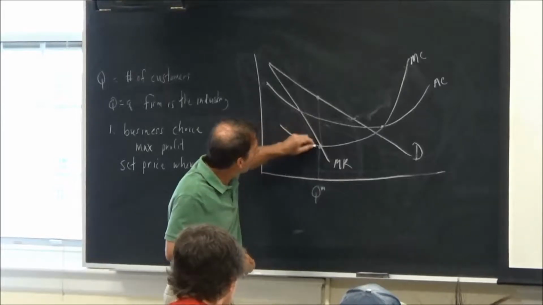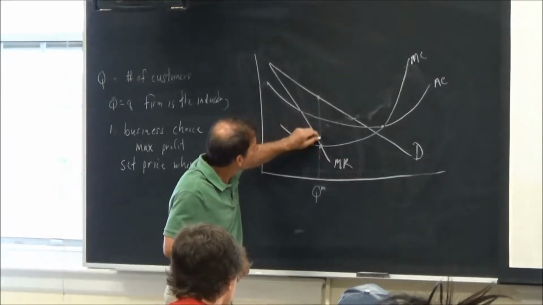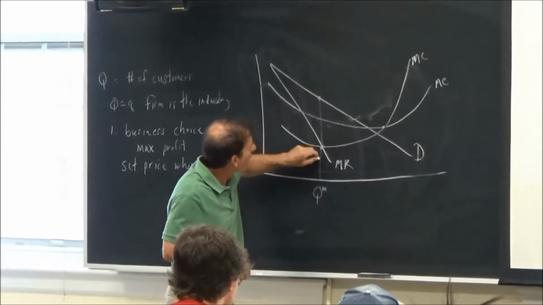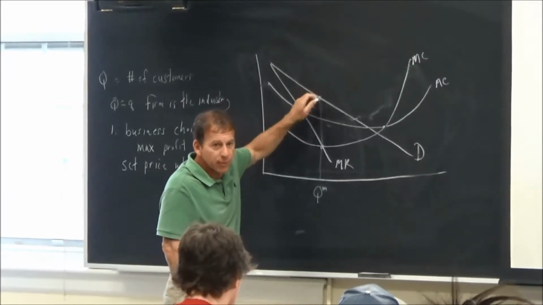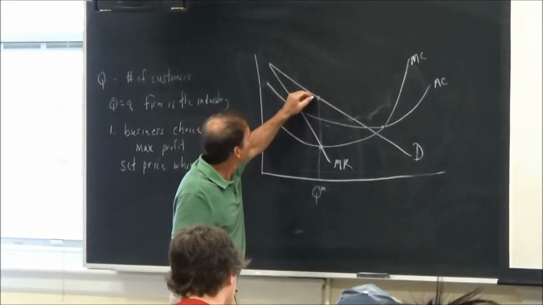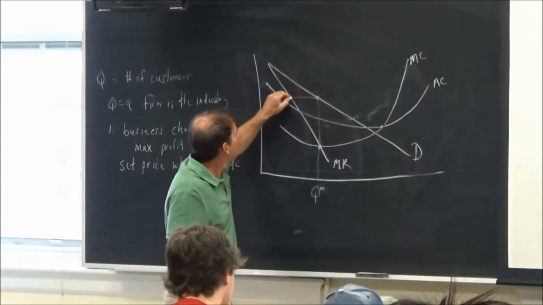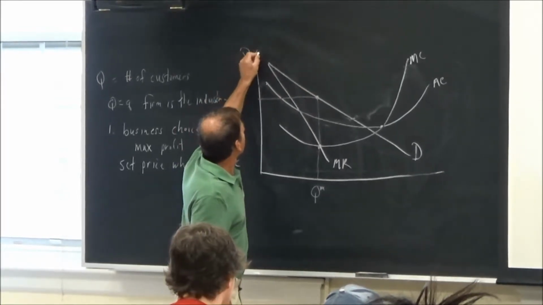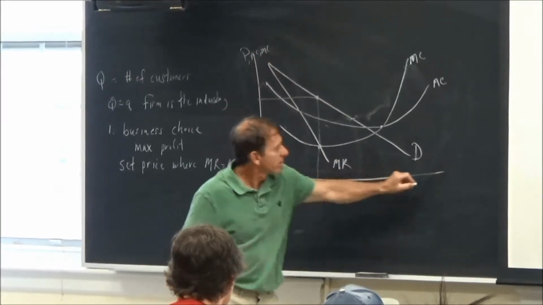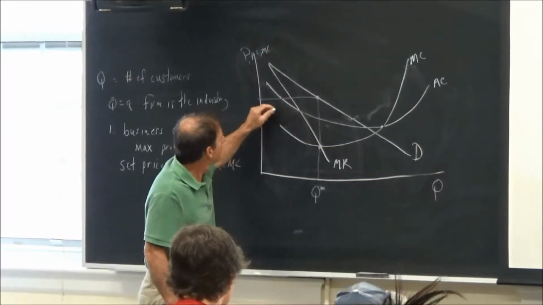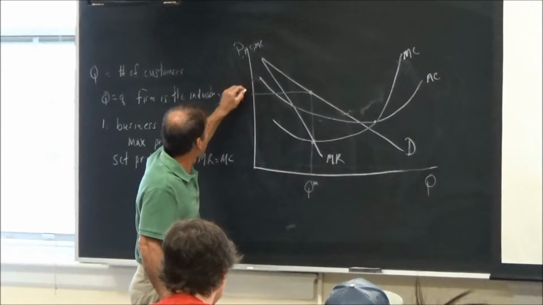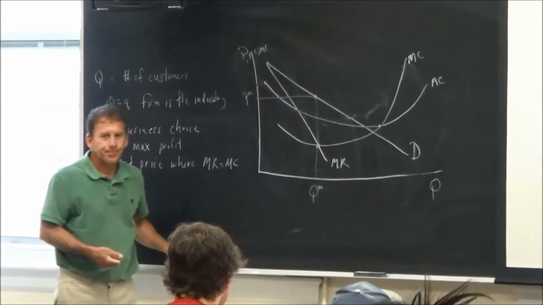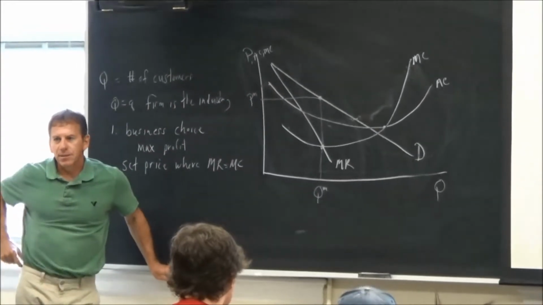So at this quantity, it's supposed to be a straight line. At this quantity, the price will be whatever this amount is on the demand curve. So I go here, I go left; my price, AC and MC are all measured here. Here's my quantity, and this is going to be the price the monopolist will charge.